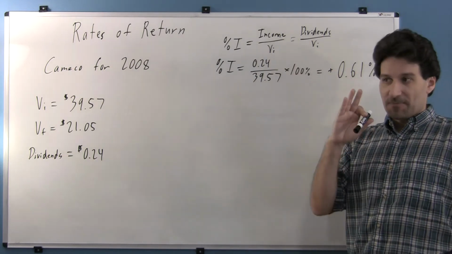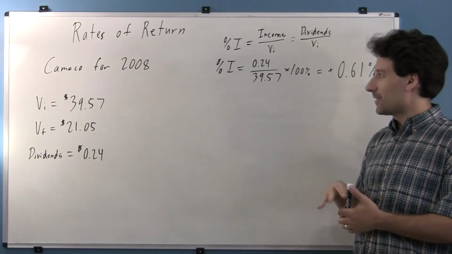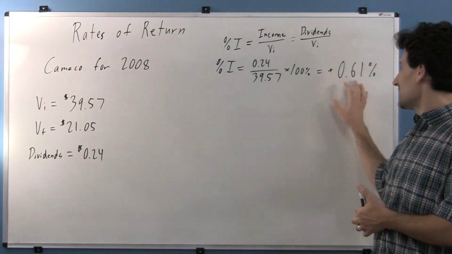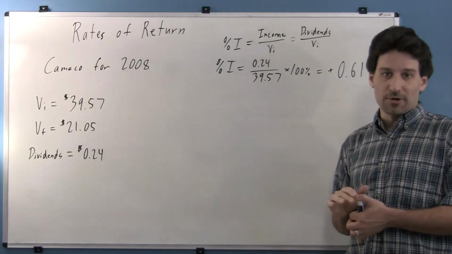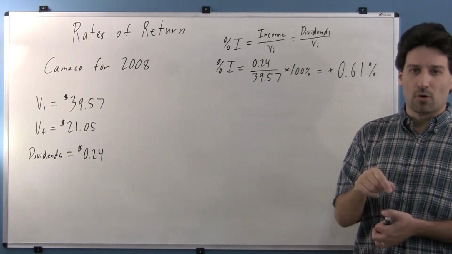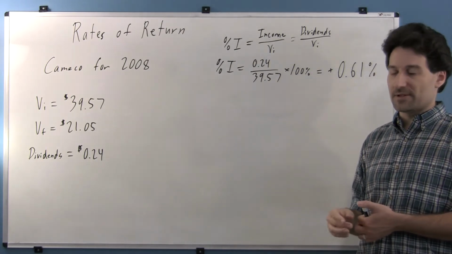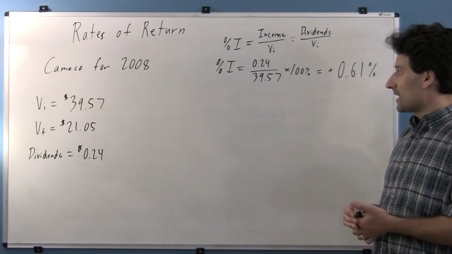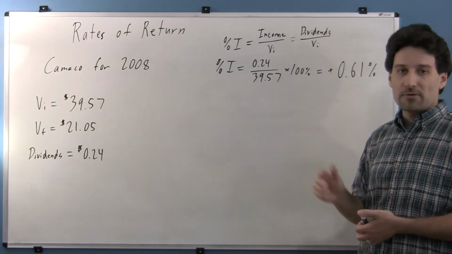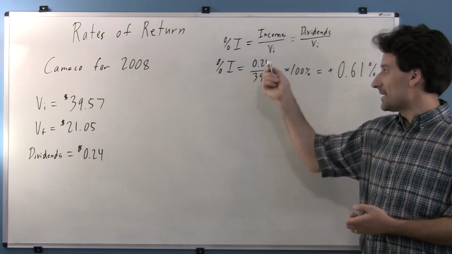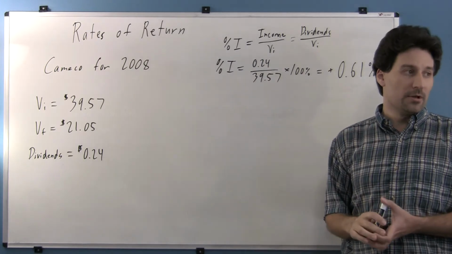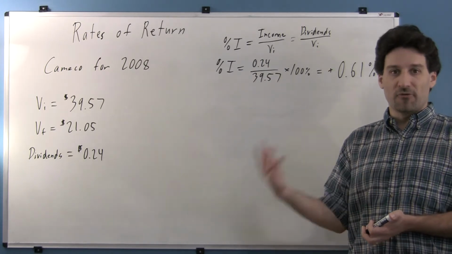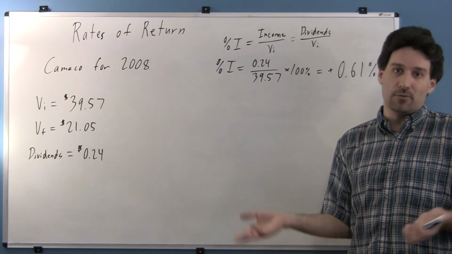Just eyeballing it, ballparking with math skills we know, ask yourself, does that sound like a reasonable number? It shouldn't have been 6% or 0.06%, even smaller. So in this case, they paid out around 0.5%, which sounds reasonable. 20 cents on $40: 1% of that would be 40 cents, and half of that would be 20 cents.